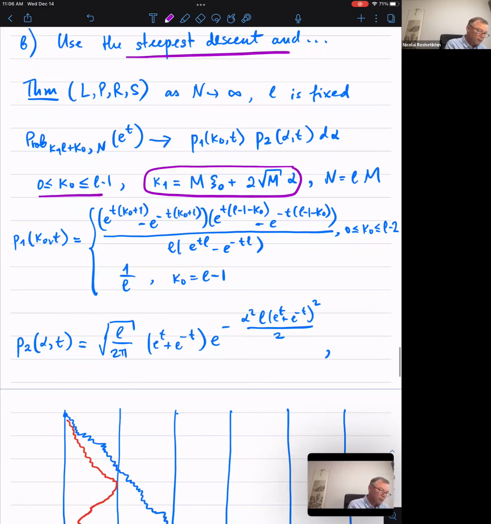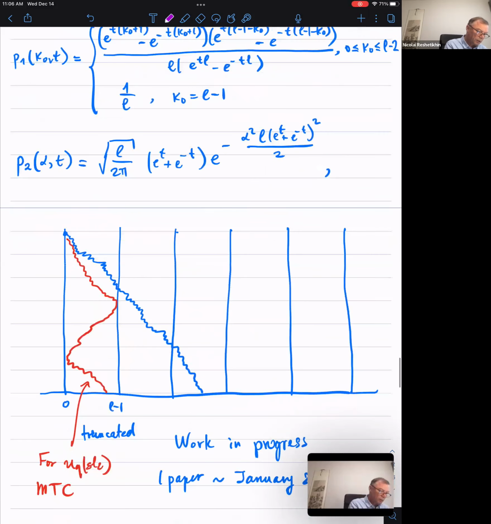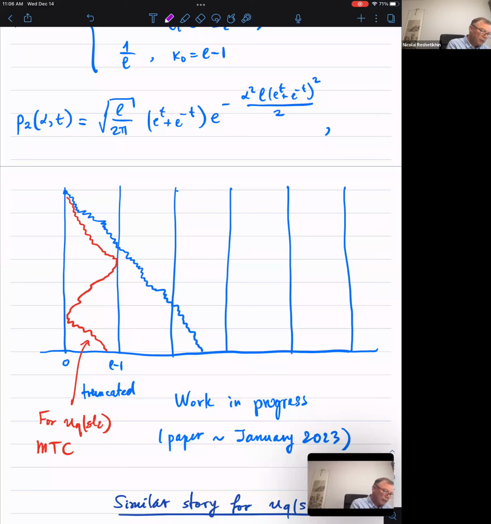Before I comment on the formula, this is what happens. Remember, I was explaining that once you study the character probability measure, this number x, which is parameterized as e to the t, gives the drift to this random walk, and the drift is determined by this parameter.